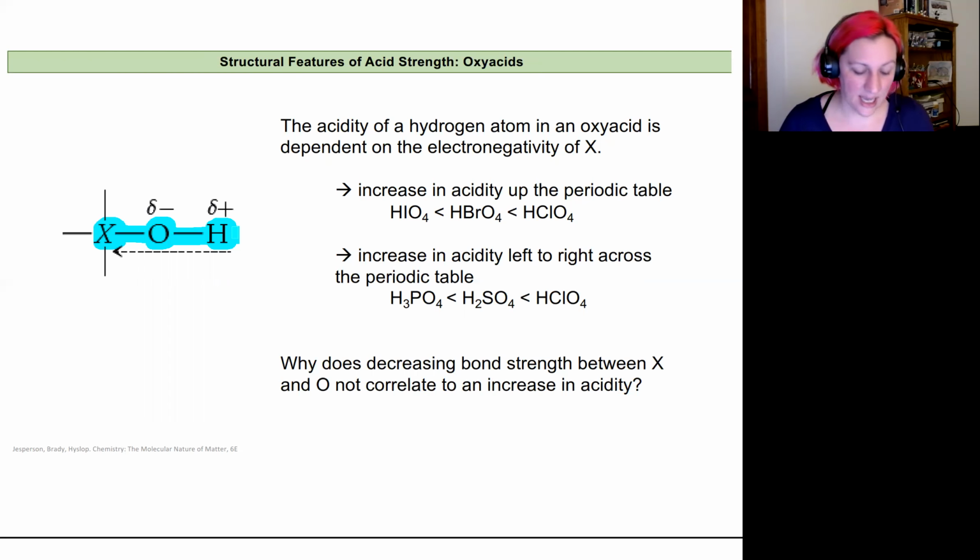And so we see that we increase acidity as we go up the periodic table. So when this X is chlorine, it's going to be more acidic than if it is iodine. And then we also see it increase as we go left to right on the periodic table.